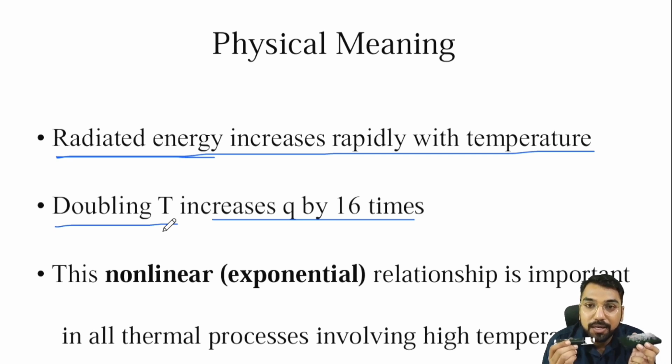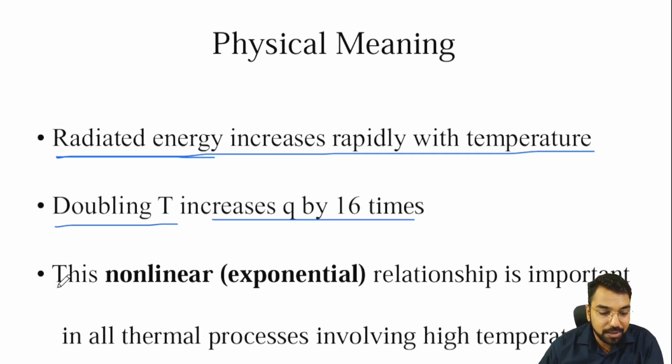So what is the amount of heat transfer we will get in radiation heat transfer? Here 100 Kelvin raised to 4 and 200 Kelvin raised to 4. That's why if we double the temperature, the total energy radiated will become 16 times. So we can observe a drastic change in the total heat energy radiated, or transferred in the form of radiation.